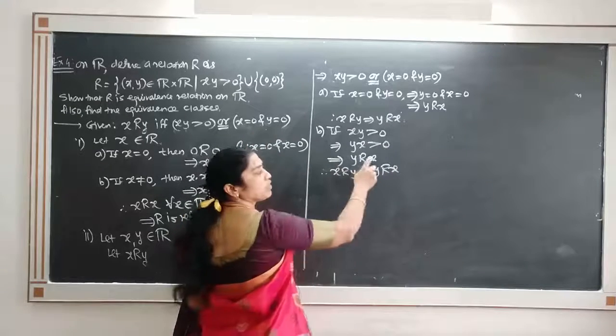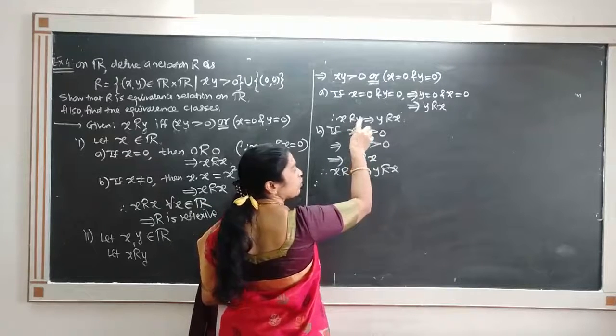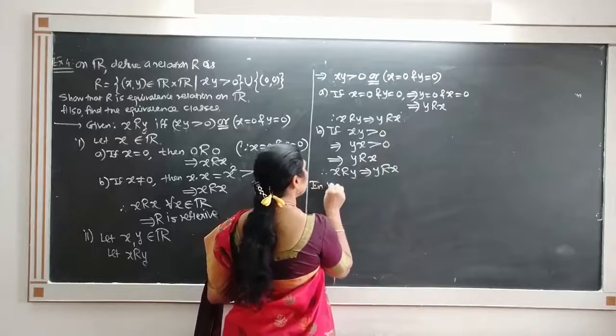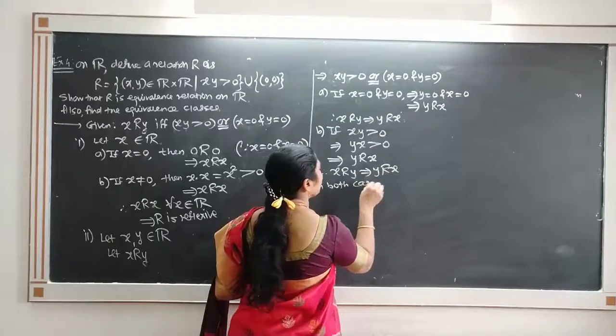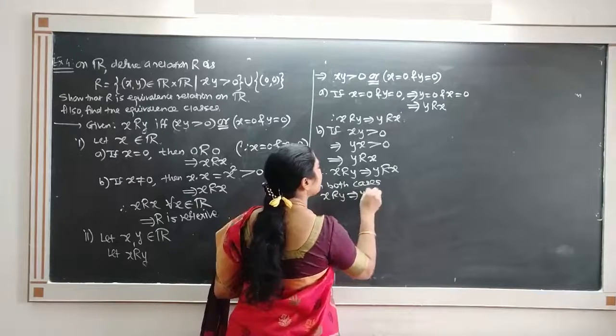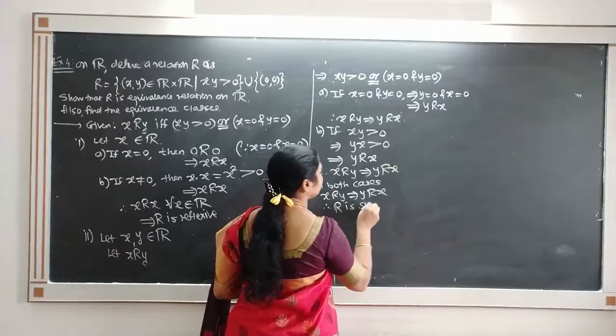So any one condition is satisfied. Therefore, in both cases x related to y also implies that y related to x, and therefore R is symmetric.